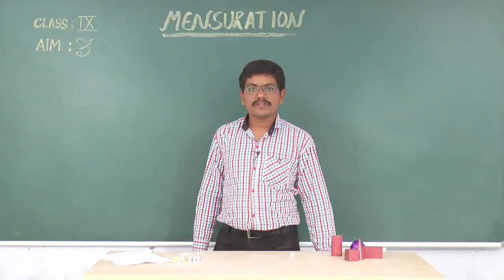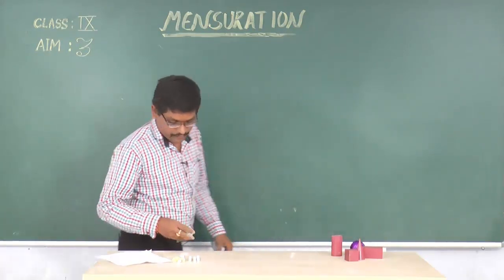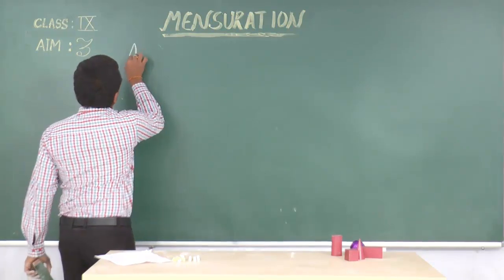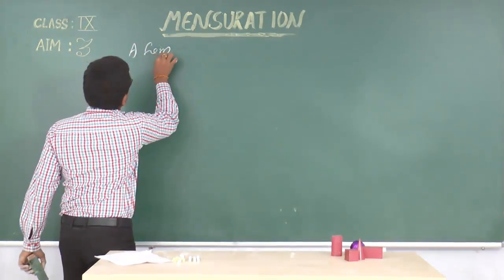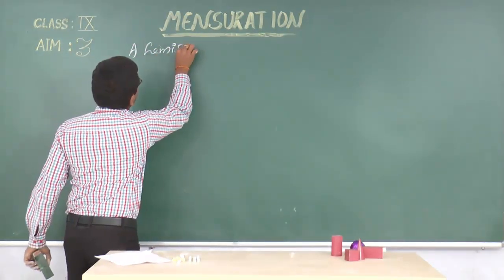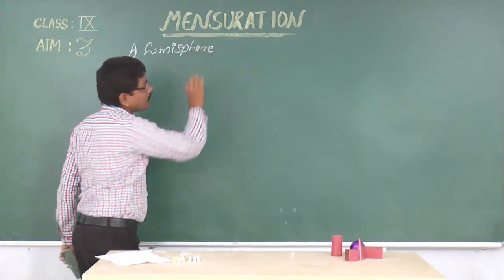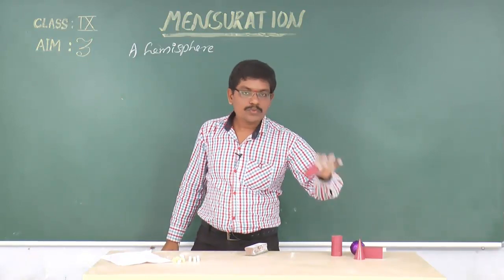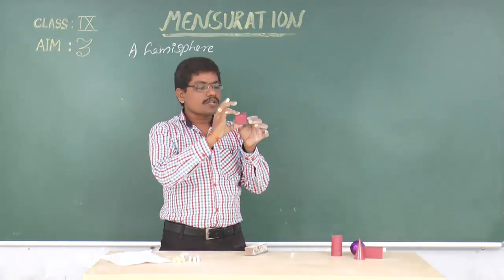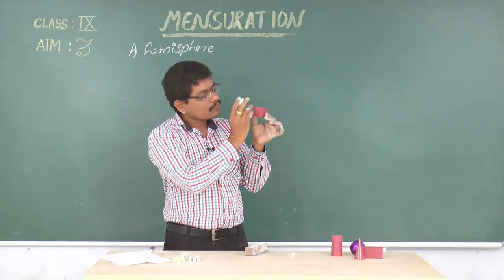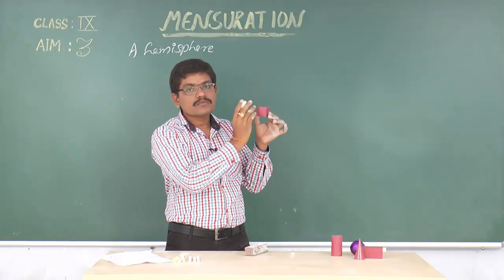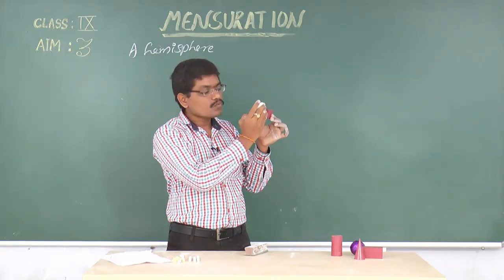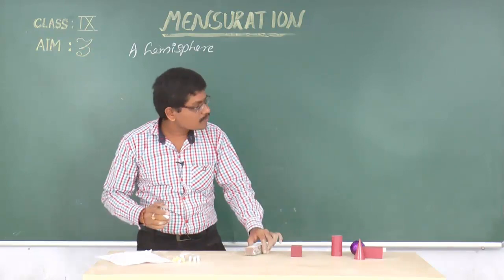Next one is a hemisphere cut out from a cubical solid. So this is one of the faces. From this face we are cutting out one hemisphere.